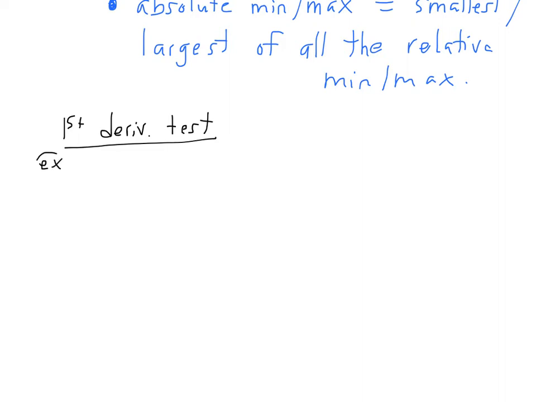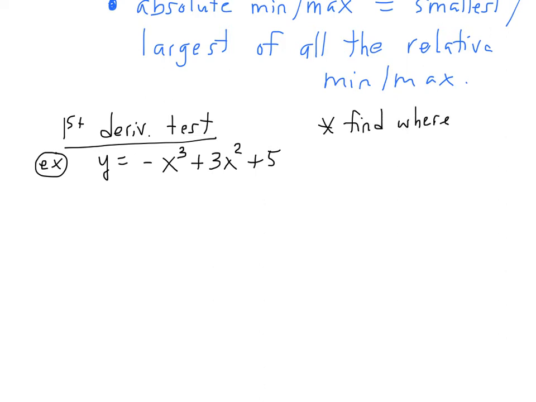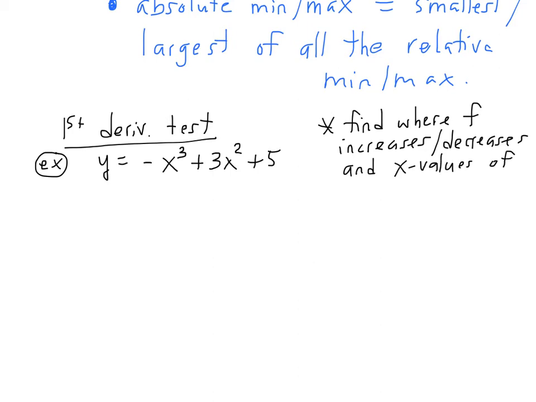Suppose in this example we have y equals negative x cubed plus 3x squared plus 5, and we wish to find, without a calculator, where f increases/decreases, and the x values of relative min and max. Pretend the y is f of x. That's what we're looking to do here.